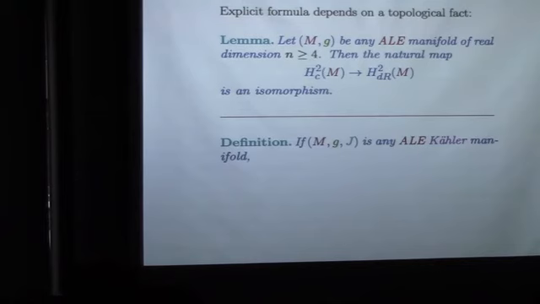If you have an ALE Kähler manifold, I want to use a club to denote the map that goes from second de Rham cohomology to compactly supported second de Rham cohomology. So when you're given a closed 2-form, you beat it over the head with a club, and then you get something that's compactly supported. Right? And now it defines something in compactly supported cohomology.